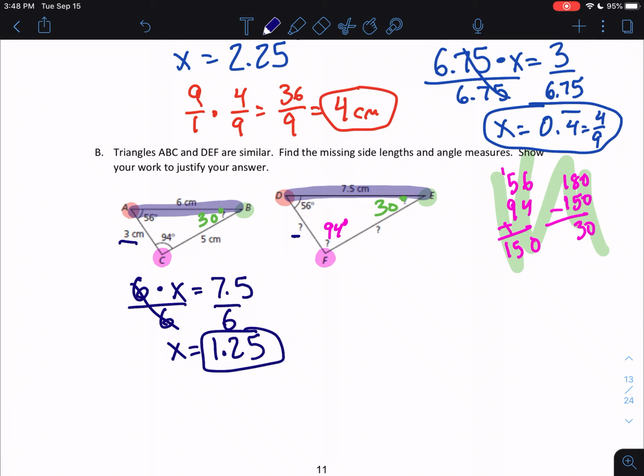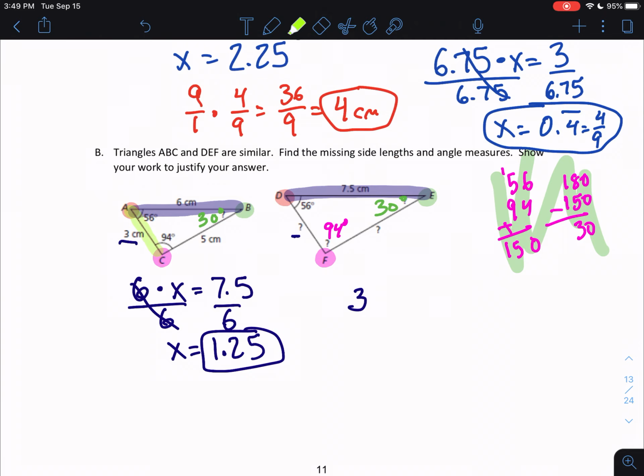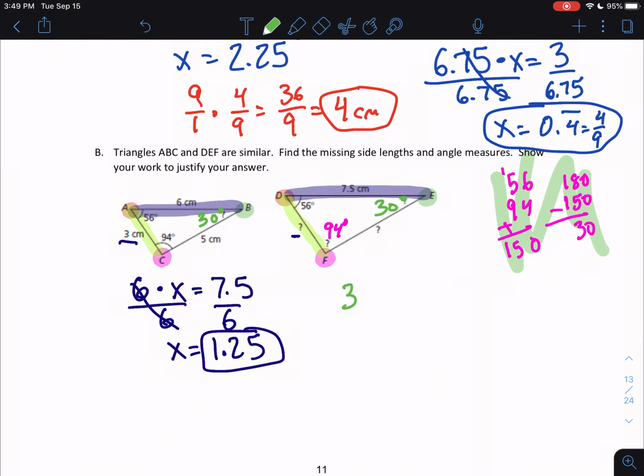So that means all we have to do is multiply. The first one we're going to do is AC to DF. So 3 times 1.25 should be 3.75 centimeters.